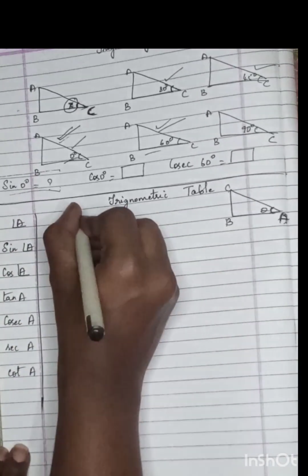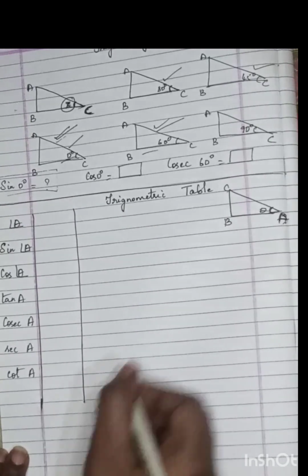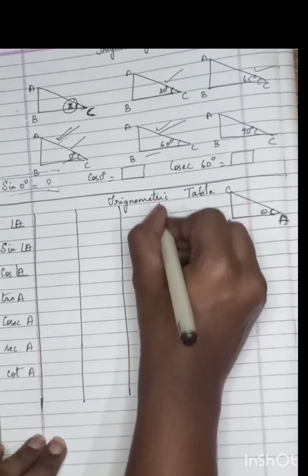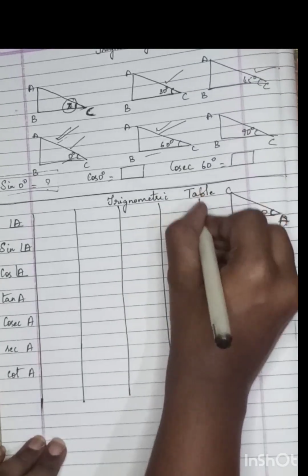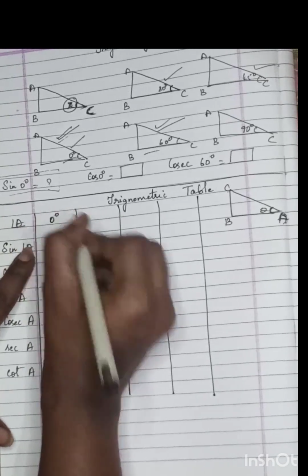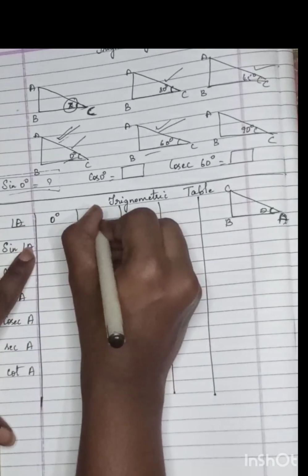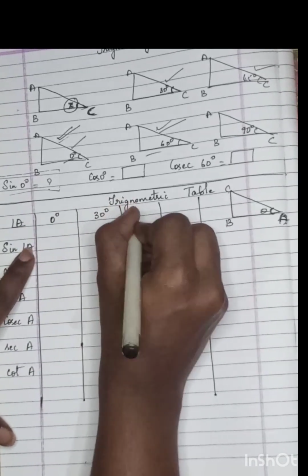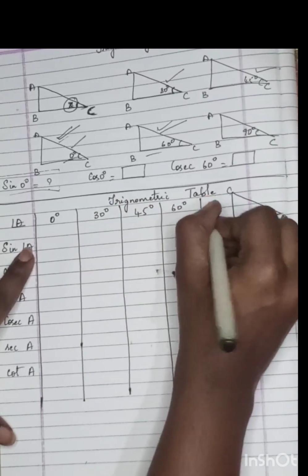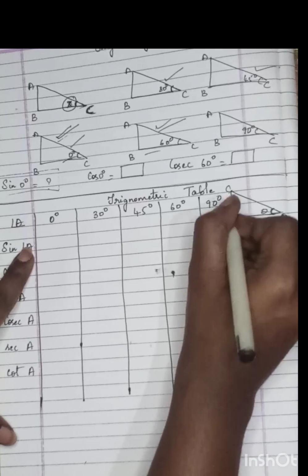We will be getting the values of each and every trigonometric ratio for particular angles. Now we'll start with 0 degree, next is 30 degree, 45 degree, 60 degree, then we have 90 degree.